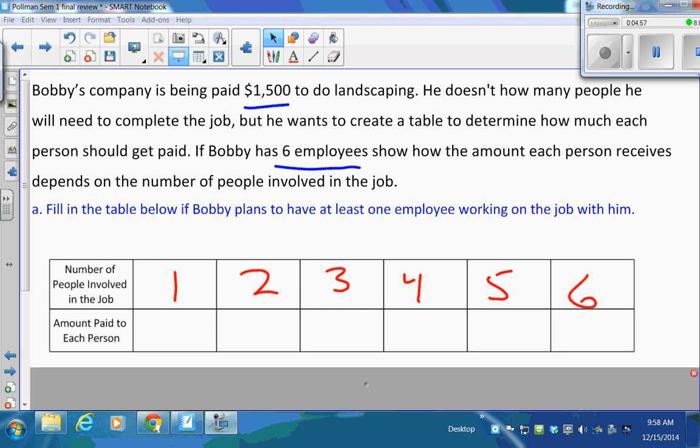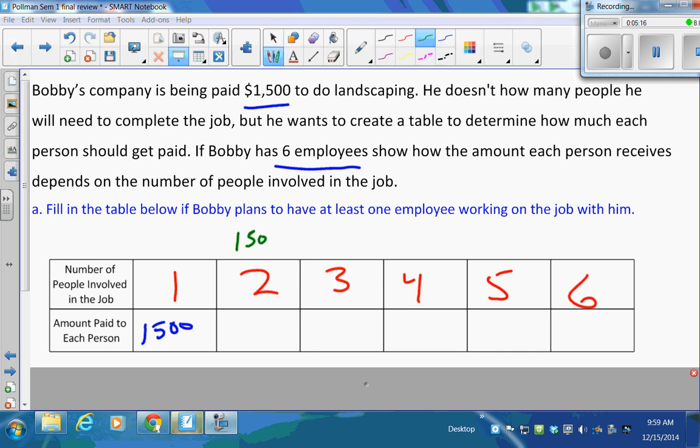All right, so if only one person works, obviously they get all $1,500. If two people work, that is just 1,500 divided by 2, which is $750. Now, you do that all the way down.